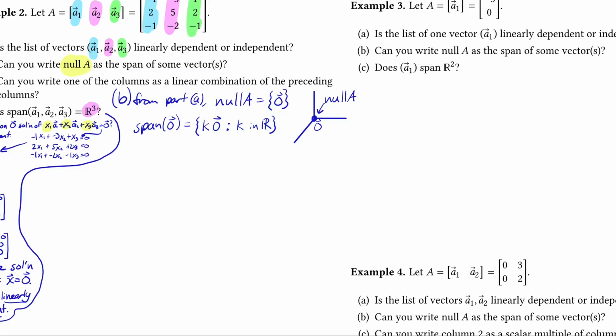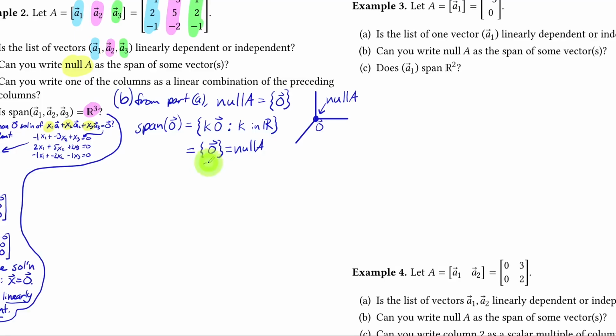So it doesn't matter what the scalar multiple is, what the coefficient is, because any coefficient times 0 is 0. So this is just the set {0}, which is equal to the null space, like we just showed. So yeah, we can write the null space of A as just the span of the vector 0.